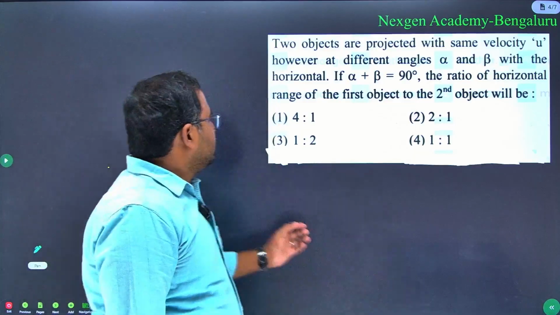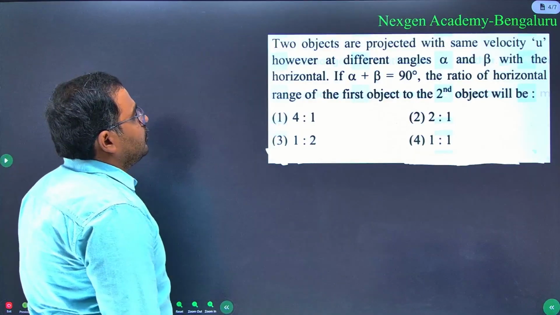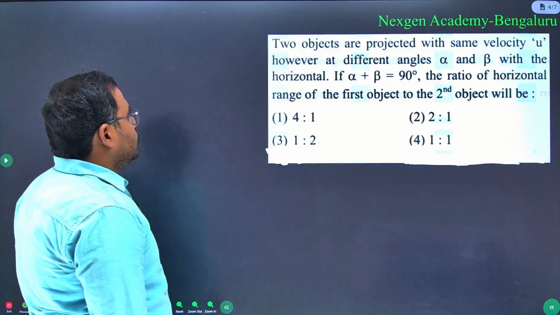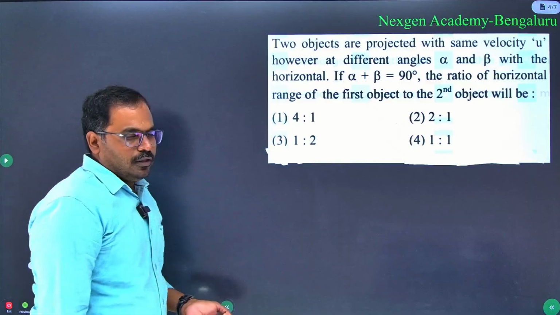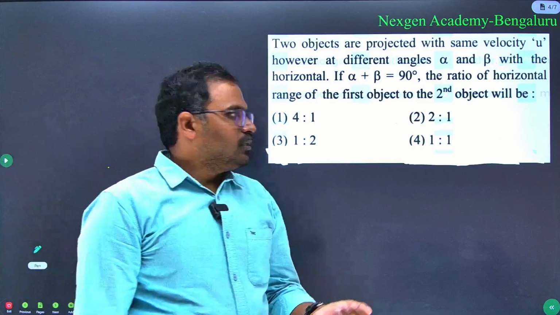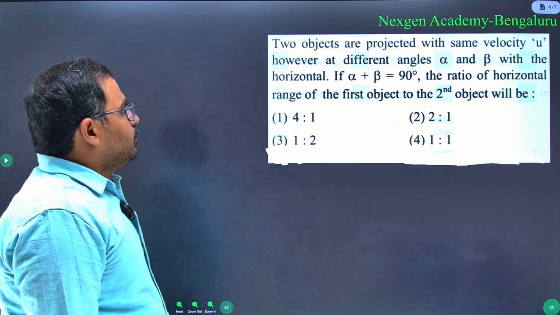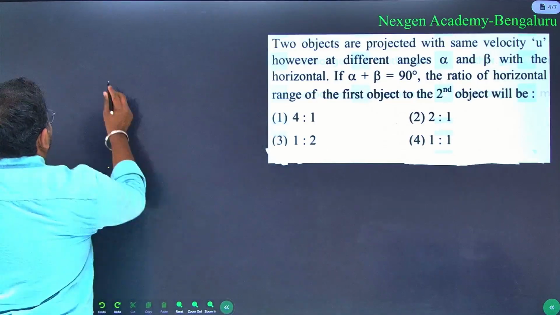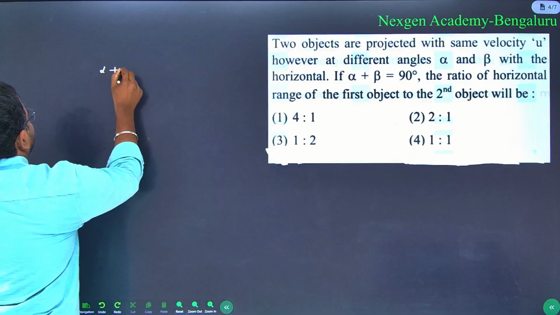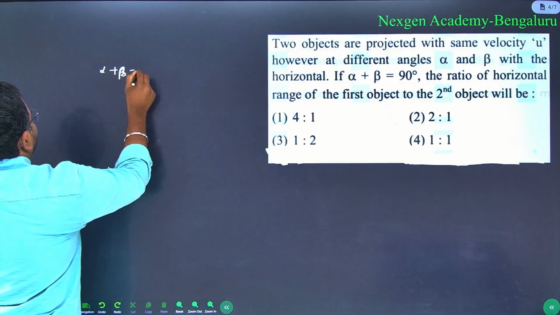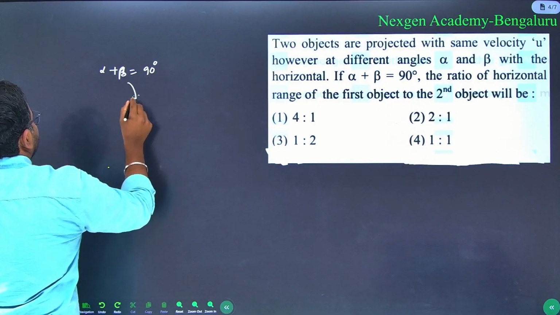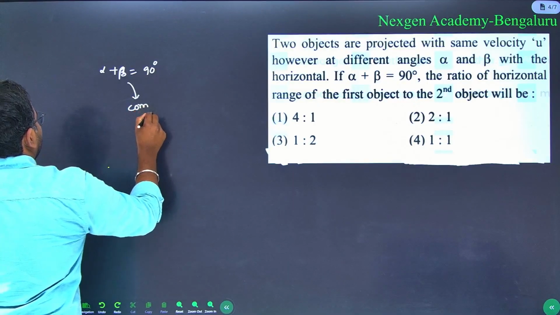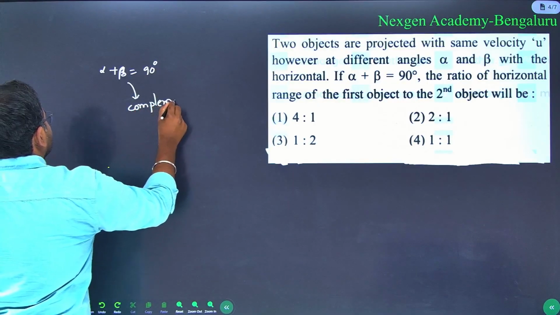Look at the next question. Here we have two objects projected with the same velocity u, however at different angles alpha and beta with the horizontal. And if alpha plus beta is equal to 90 degrees, it indicates they are complementary angles.